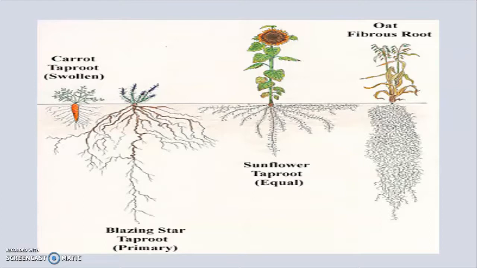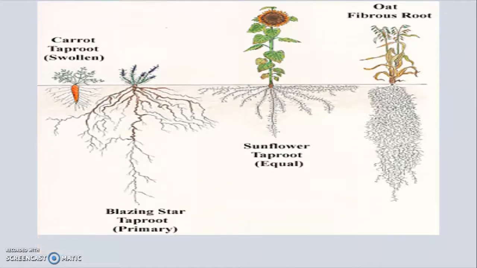And the last one is the oat, the fibrous root. Okay, look at the difference. So the first, second, third are tap roots, a few sprouts of the root. And then the fibrous root has more sprouts, as you can see. Very good.